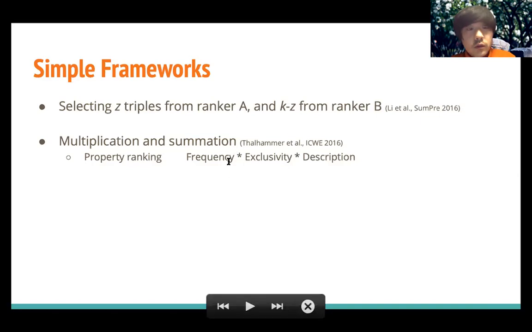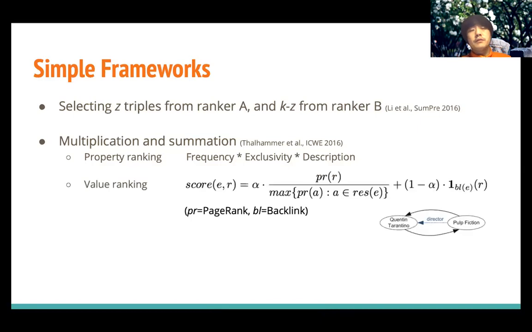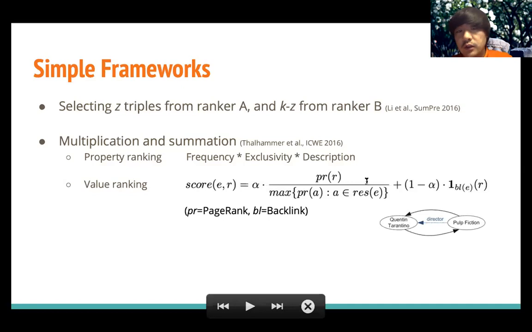Anyway, you can compute the product of 3 or even more factors about the property for ranking this property. And for the values in this system, they compute a linear combination of two ranking scores. First is the PageRank of the value in the knowledge graph, and the second is backlink. What is a backlink?